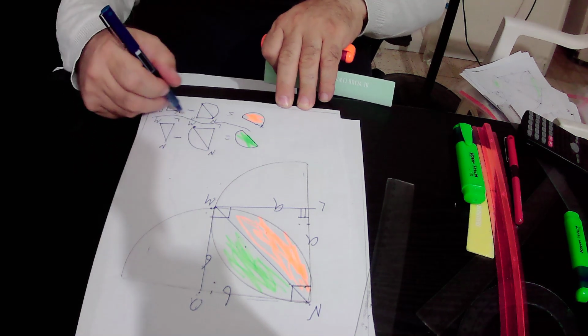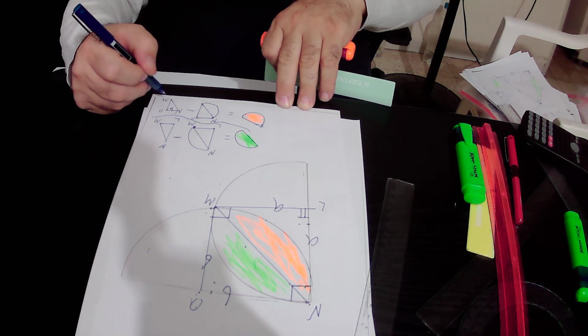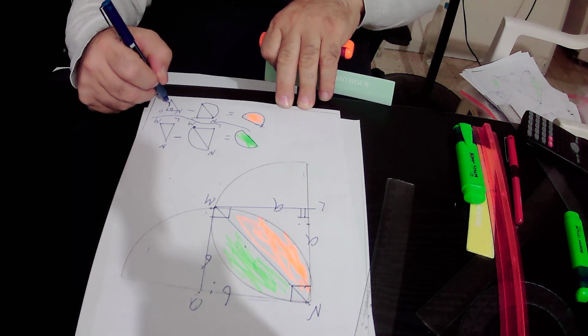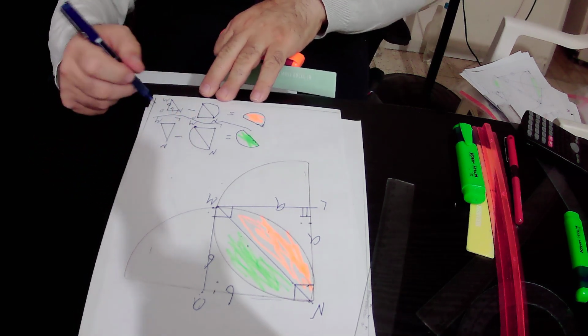NO equals B, it is the radius of the semicircle. MO also equals B, it is also the radius of this semicircle.